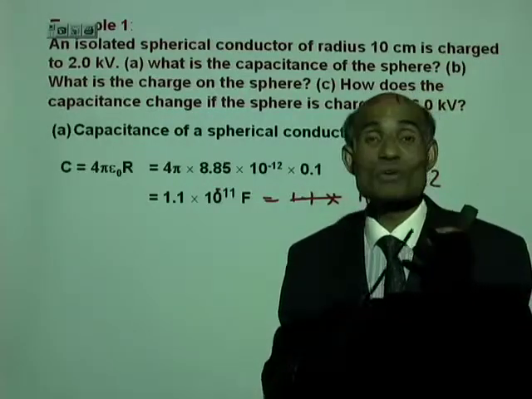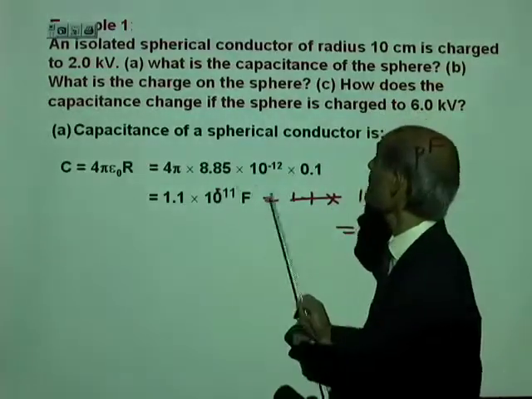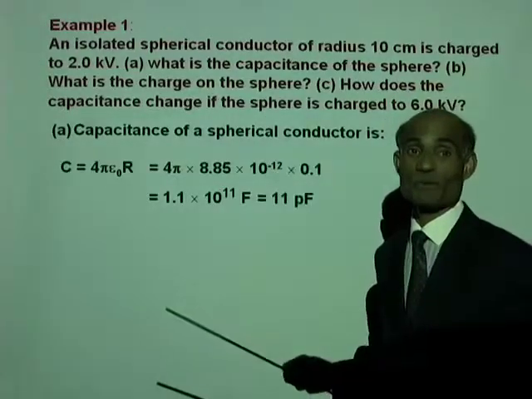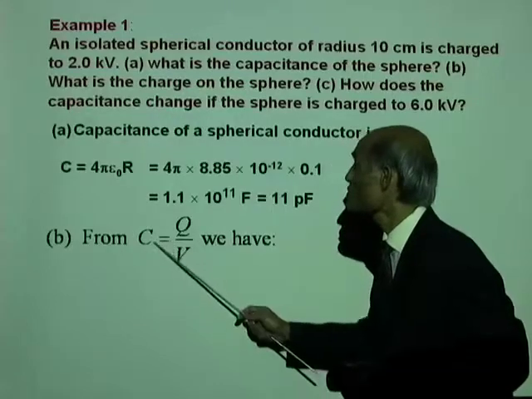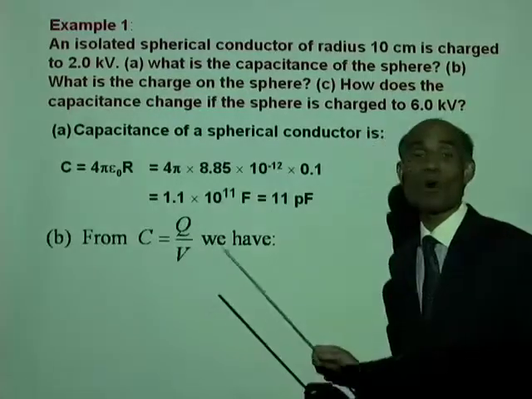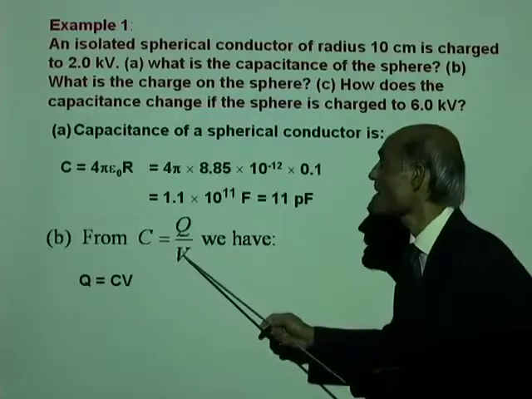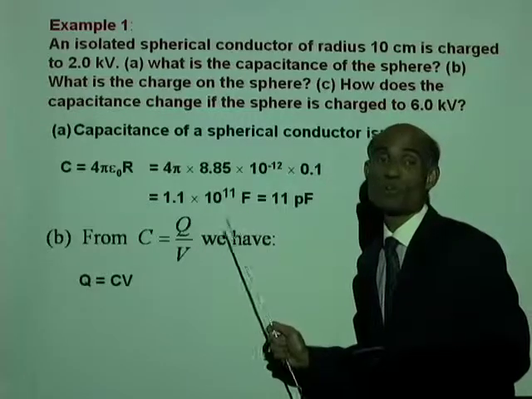Well, C equals Q over V. We know C, we know V, we can find Q. From this relation, we can write Q equals C times V. We will use this hundreds of times as we go on.